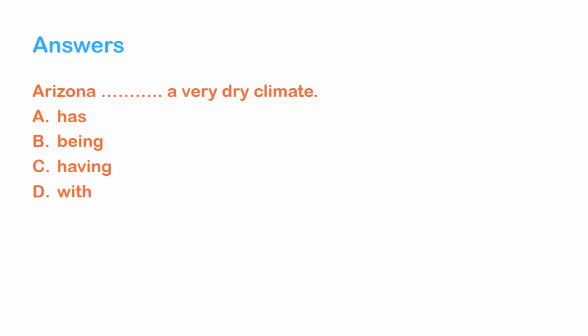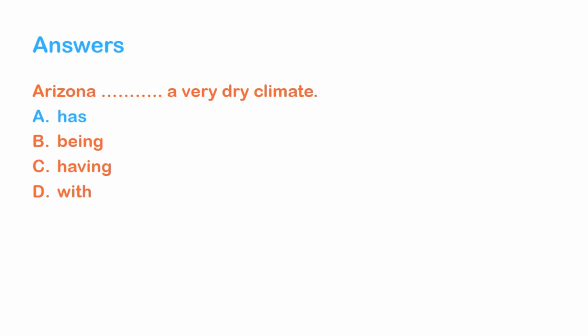Therefore, options B and C are not the answer. Also, avoid using a preposition, in this case with, in missing main verb questions. Therefore, the answer for the first question is has. Arizona has a very dry climate.